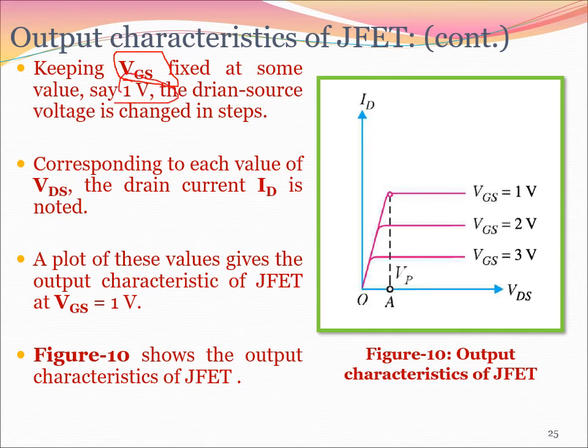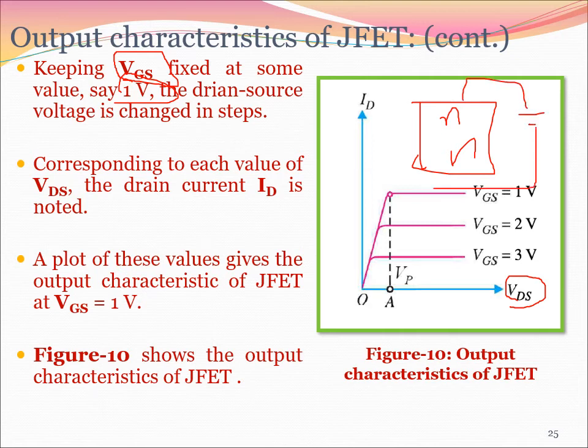As you increase drain to source voltage, because your channel works as a kind of resistor, the current will increase, and that would be proportional to the voltage that you apply. You can see in this graph that current is increasing at fixed VGS.